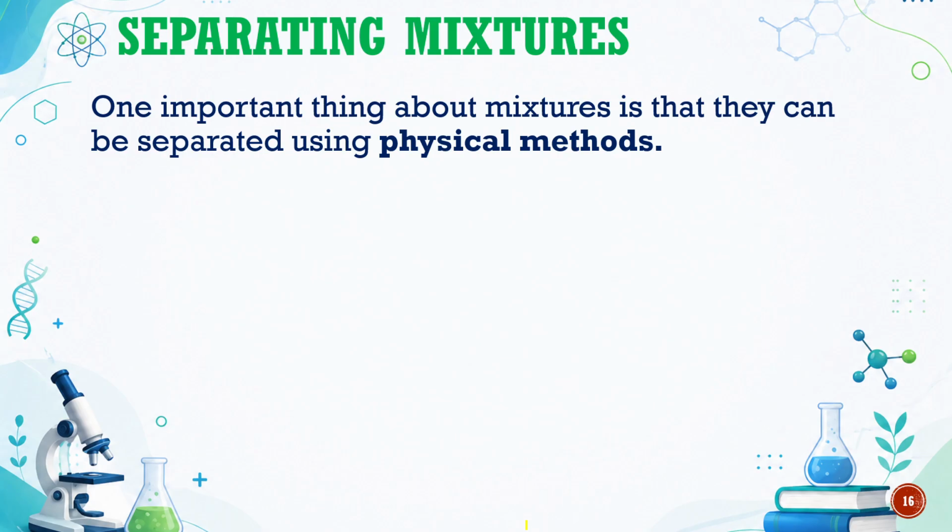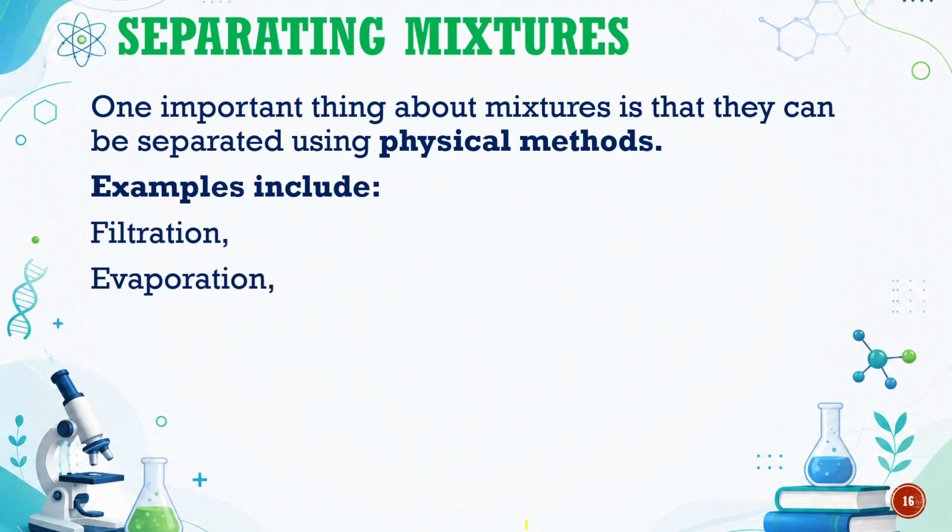So mixtures can be separated using physical methods. I don't need any chemical process to separate the substances from the mixture. I can use physical methods, for example filtration, evaporation, sieving, or using magnetism, like the force of a magnet. We can physically separate the substances in a mixture.